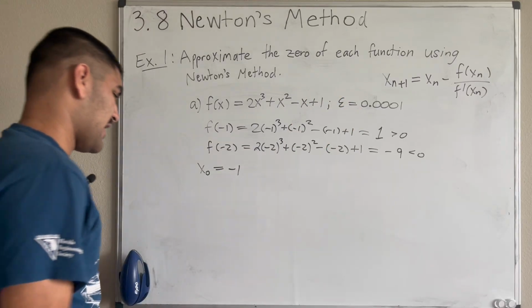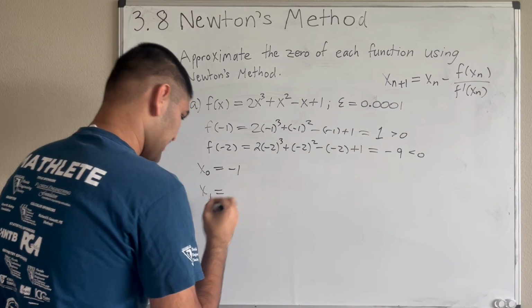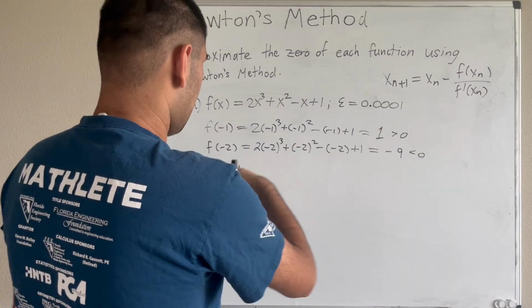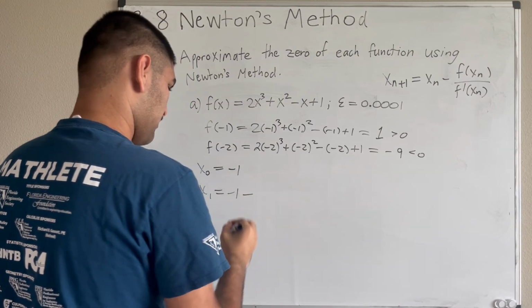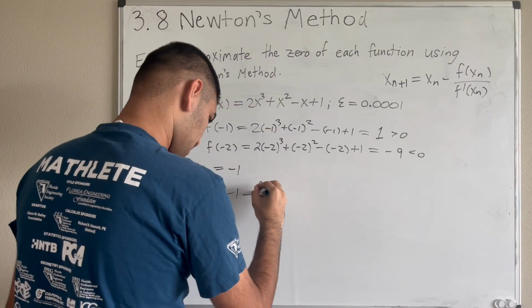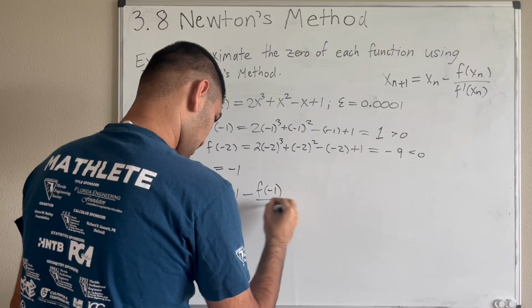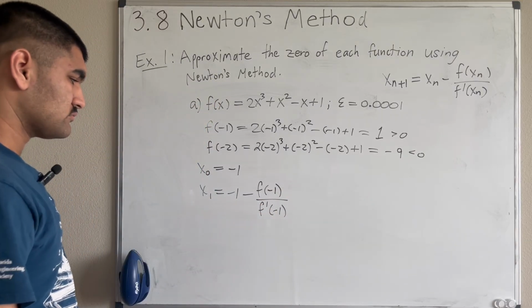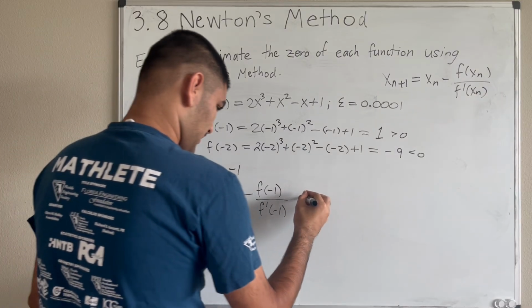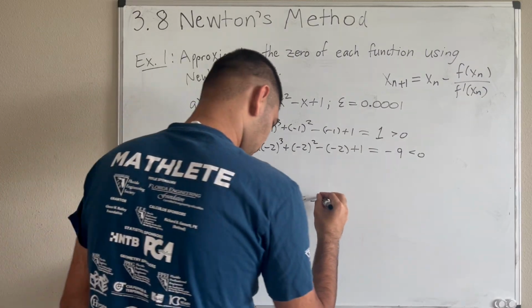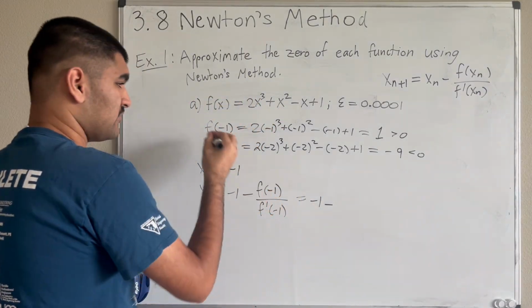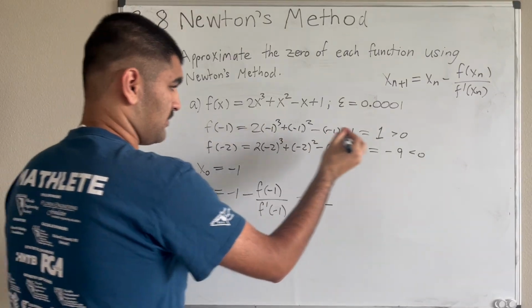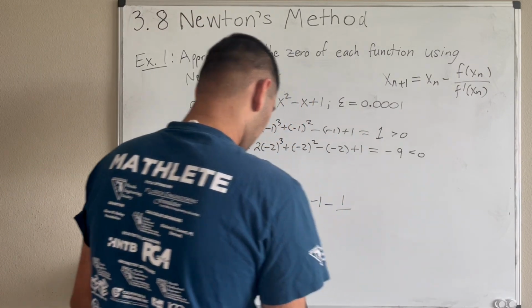In order to find x1, that's equal to x0, so -1, minus f of x0, so f of -1, all over f prime of -1. Let's go ahead and evaluate this. We have -1 minus f of -1. We already evaluated that up here. It's 1. And then over f prime of -1.